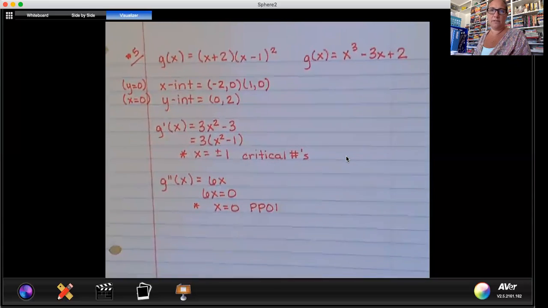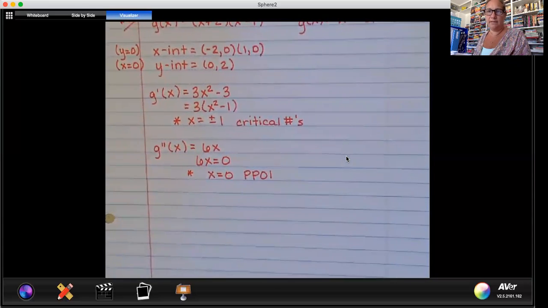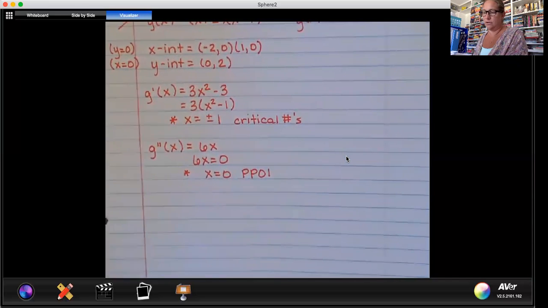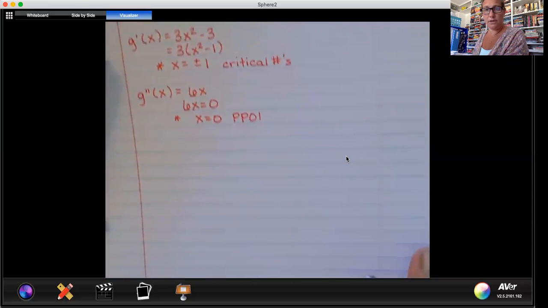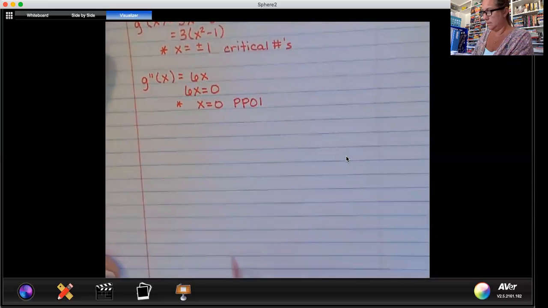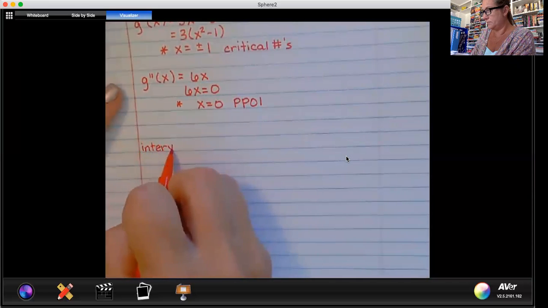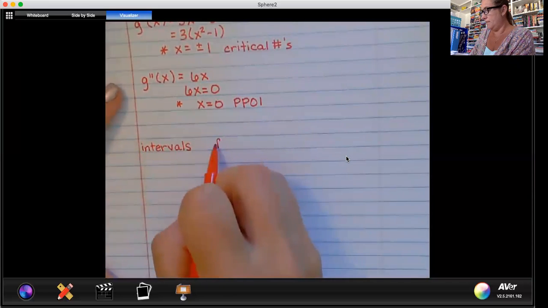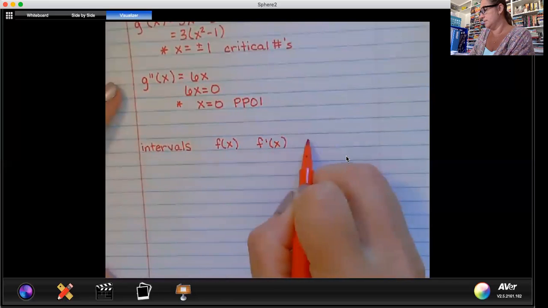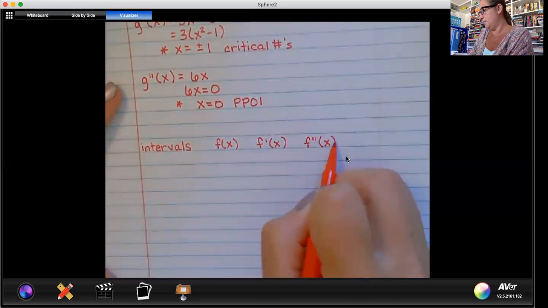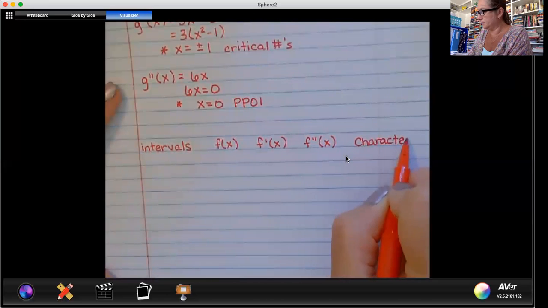Now, this chart that you're going to see is new, but it's extremely, extremely easy to fill in. And it's extremely easy to graph from it. And that's our goal. So it's going to take us just a minute to fill this in. So we're going to have our intervals, f of x, f prime of x, f double prime of x, and characteristic.